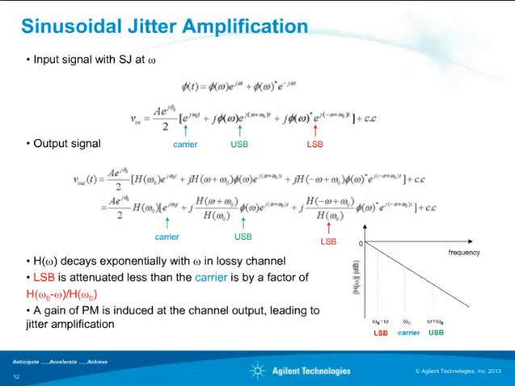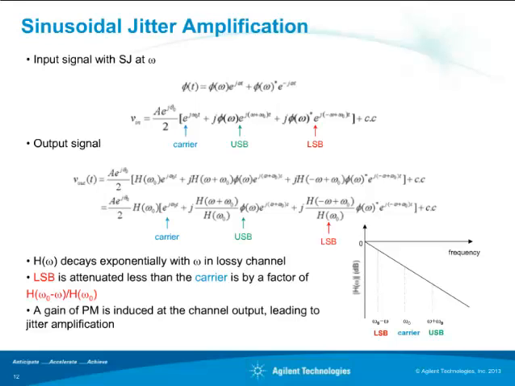Now let's consider an SJ in the input signal, and assume the SJ frequency is at omega. SJ will have positive and negative branches, and once you put that sinusoidal phase modulation into the sine wave signal, we immediately get 3 branches in the frequency domain.